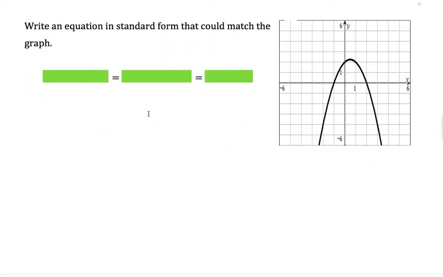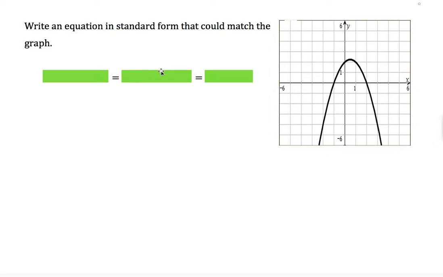All right, this next one, I have a graph that looks like this. I want to write an equation in standard form that could match the graph. Well, in this case, I have an x-intercept at -1 and an x-intercept at +2. So the solutions would be x is equal to -1 and +2.